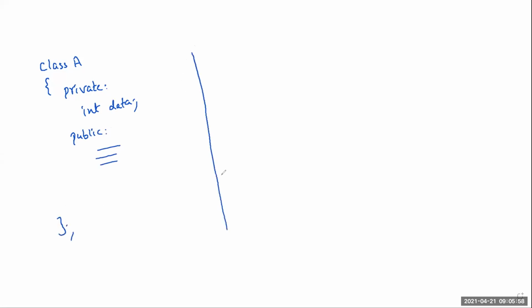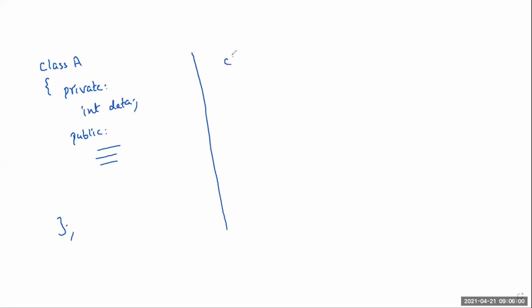So let's make just two simple classes, A and B. Suppose I make a class A, and it has some data in its private section, which we call data, and then maybe it has a constructor. You can make a constructor or whatever functions this class has.